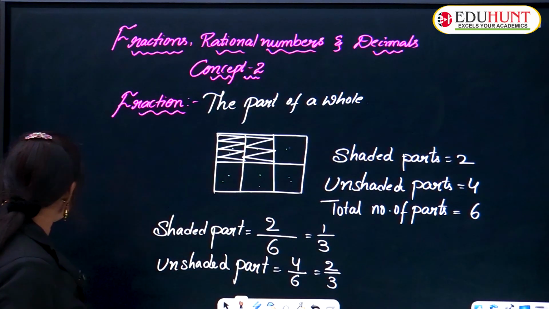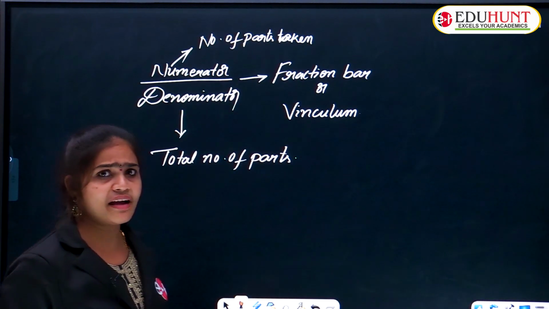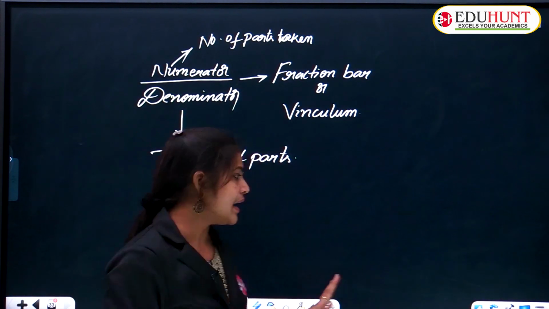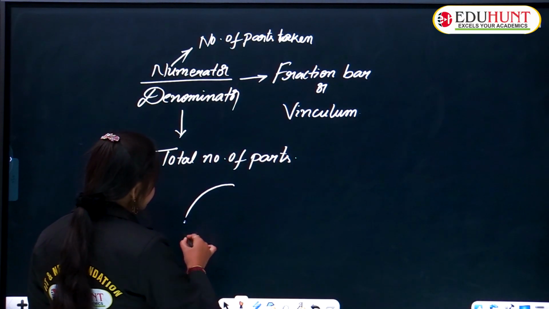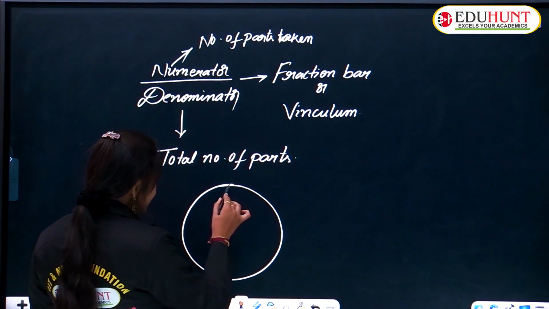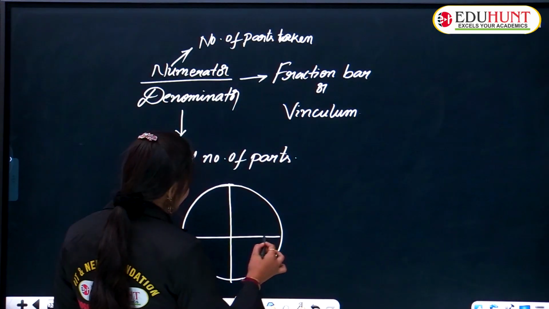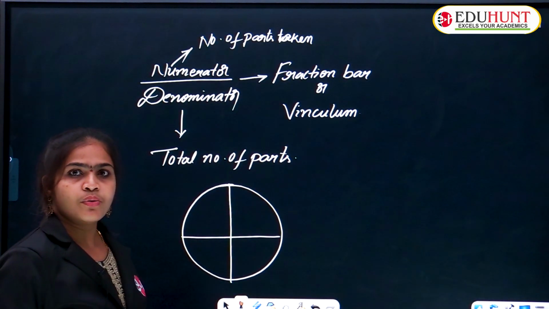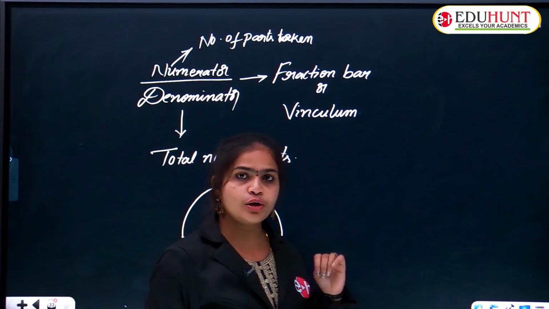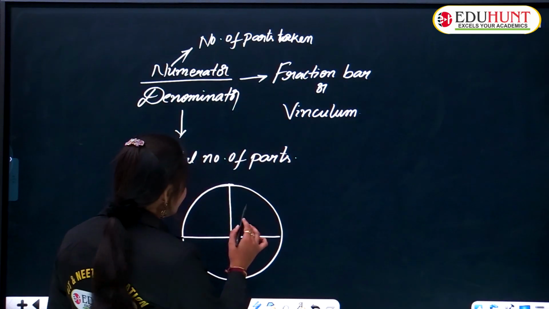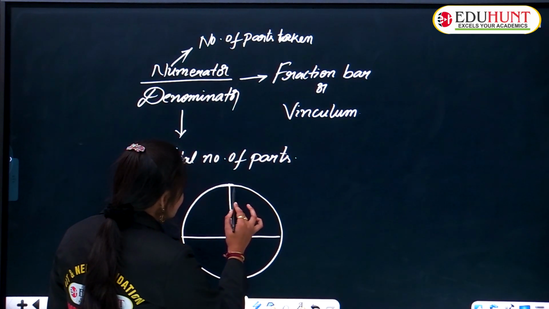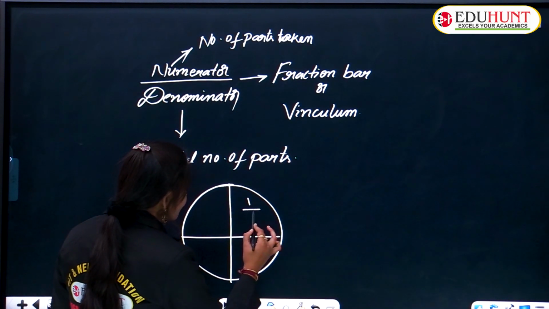Now we have an idea about fractions, right? In the same way, here one circle is divided into 4 parts. What will we call this? This one part we can write as 1 by 4.